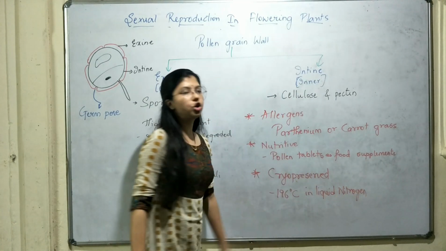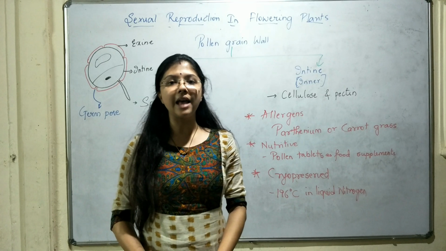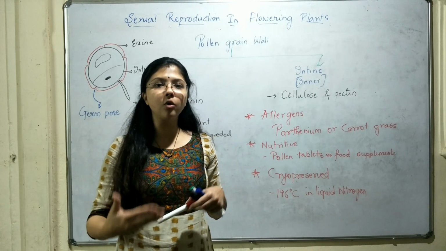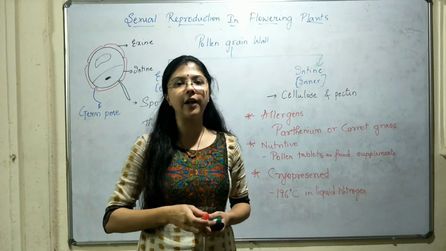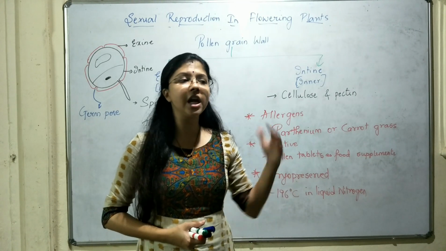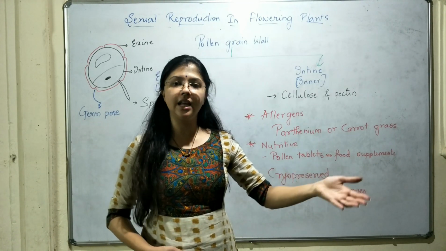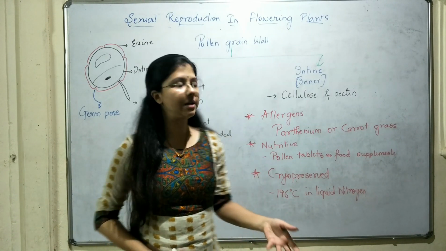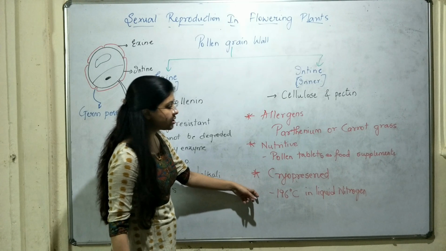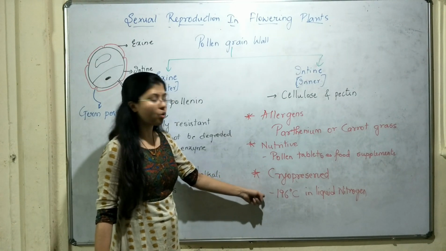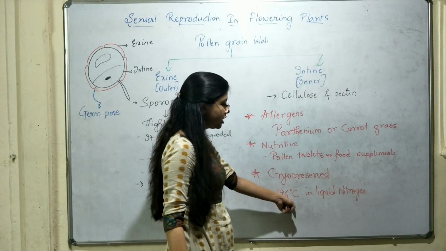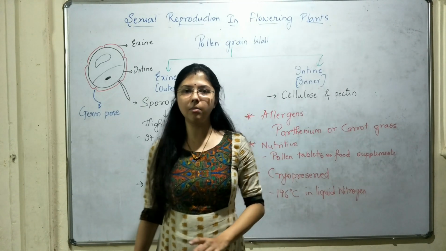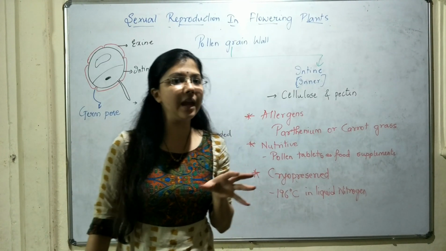This liquid nitrogen will help the pollen grains to remain as they are for a long period of time. After the long period of time, when they are preserved, they can be used for fertilization when and whenever required. Artificial fertilization can be done with the help of these cryopreserved pollen grains, which are stored at minus 196 degrees Celsius in liquid nitrogen.